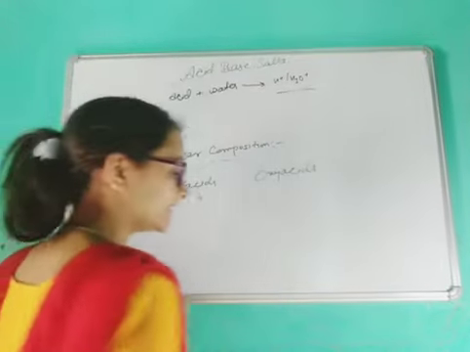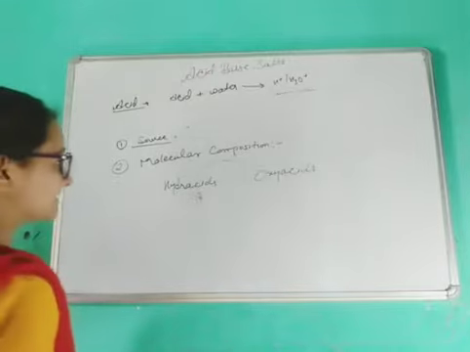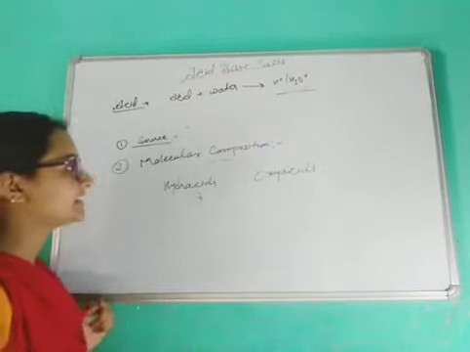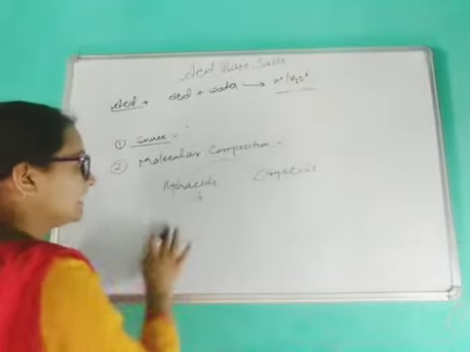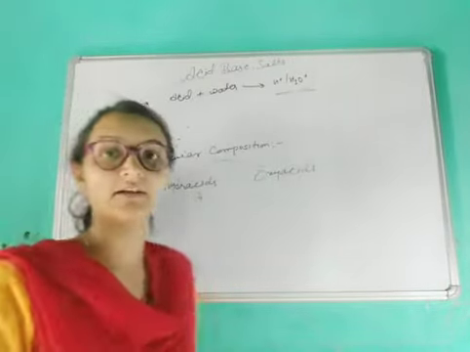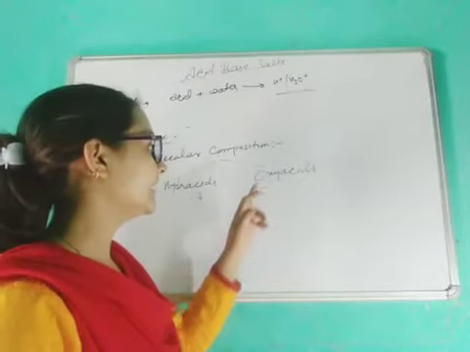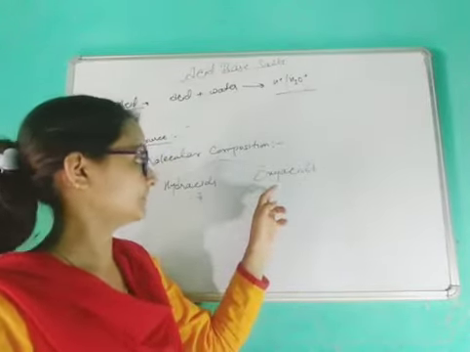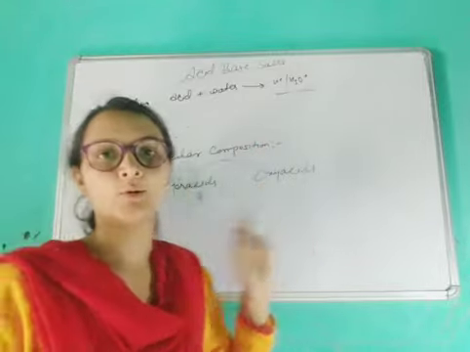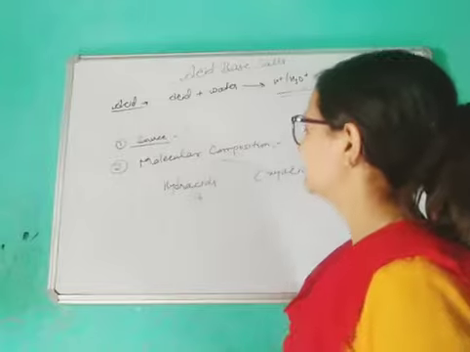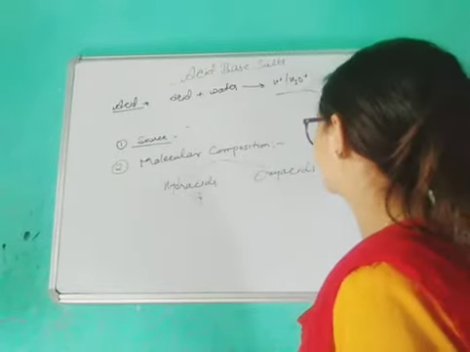In hydracids there is only hydrogen, the acids having hydrogen with another element, and in oxyacids there are acids with an oxygen atom. So there is a slight difference.